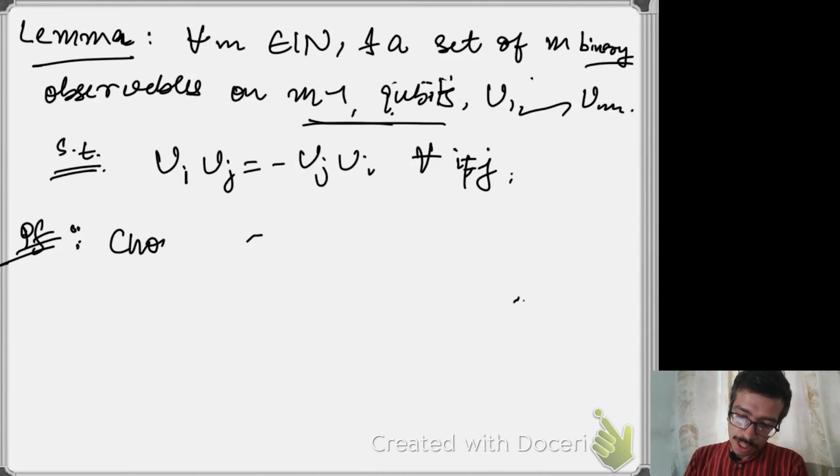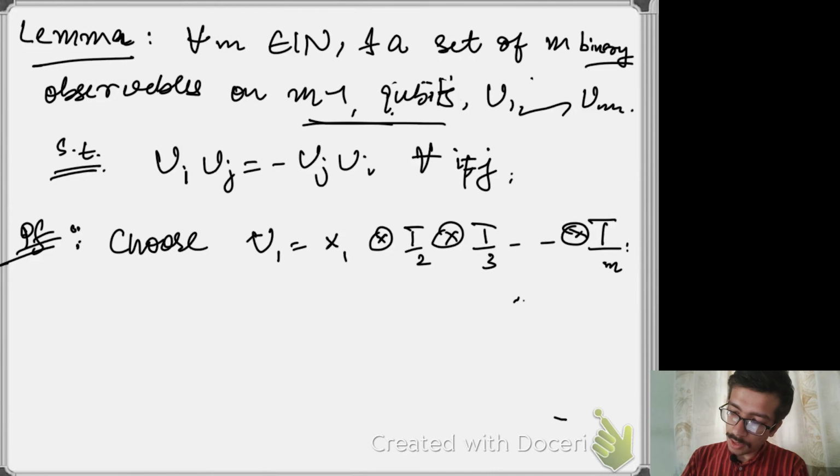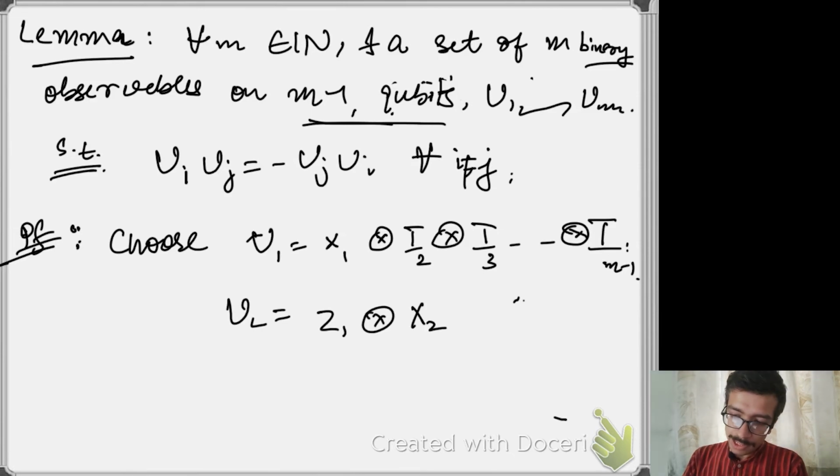So I choose my binary observables in such a way that u1 equals X tensor I, so X on the first qubit, I on the second, I on the third, and then I up to m-1. In the case of u2, I'll have a Z on the first, an X on the second, and then identity on the remaining.